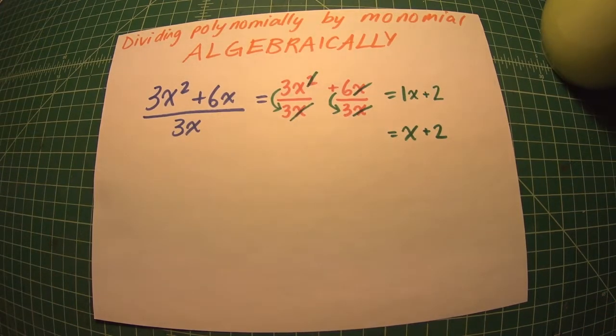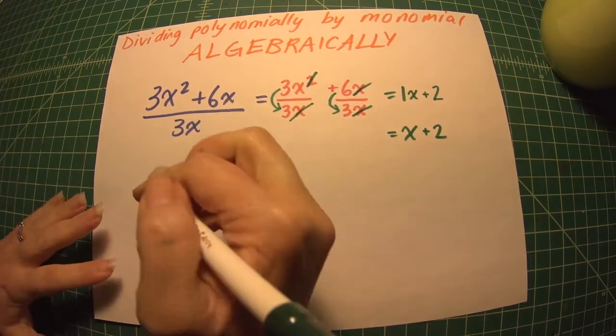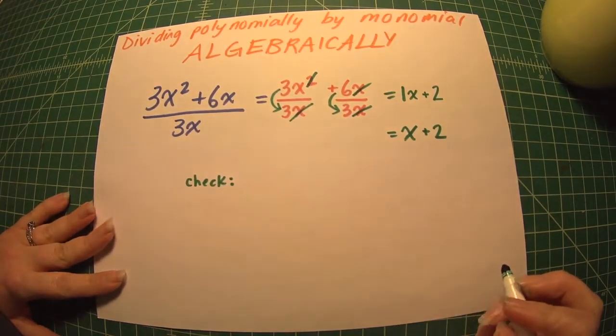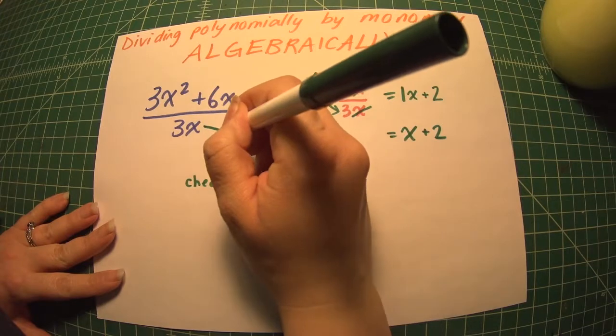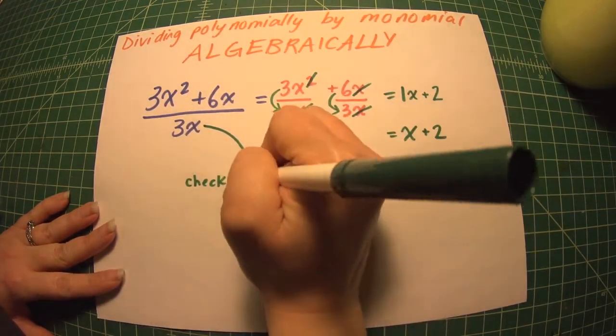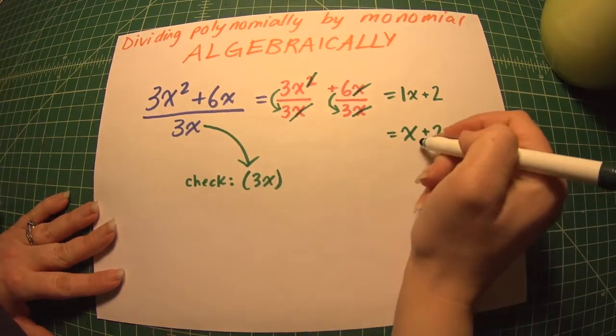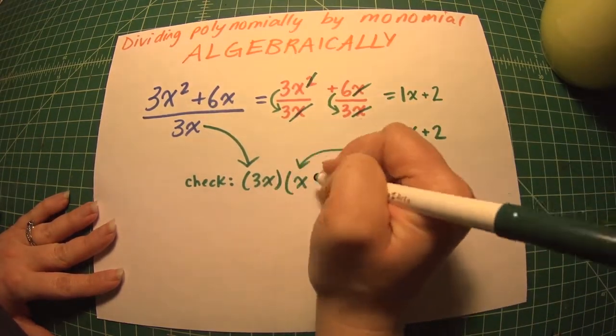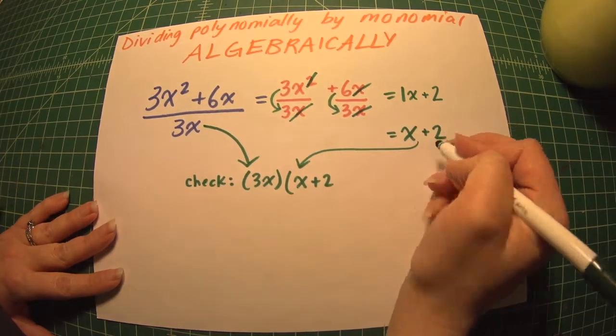And we can use multiplication to check that, actually. So the way we check it is we take our monomial, 3x, times the quotient we got, the missing factor we determined, x plus 2.